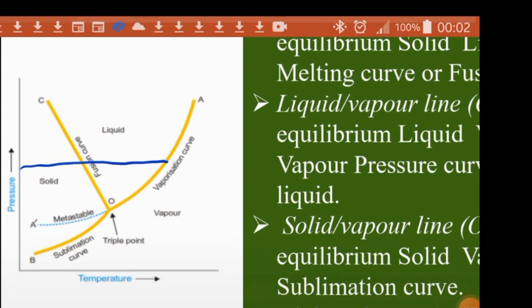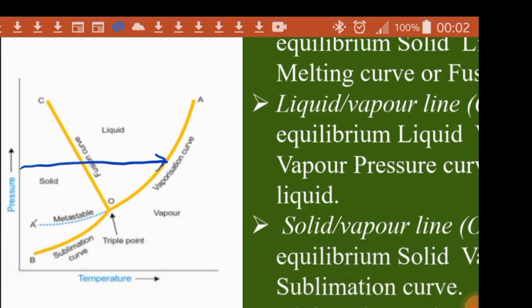Applying the phase rule to the one component two phase system, F = C - P + 2, that is 1 - 2 + 2, because when you talk about a curve, the curve comes as the boundary between two phases. So the curve talks about two phases, whereas the region talks about a single phase. So when the curve talks about two phases, the equation will be 1 - 2 + 2, that is equal to 1.